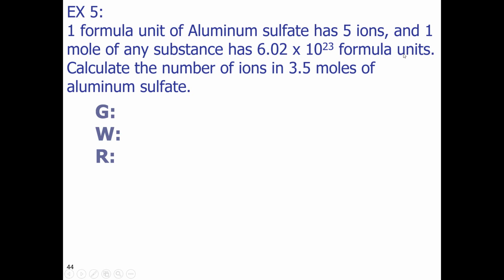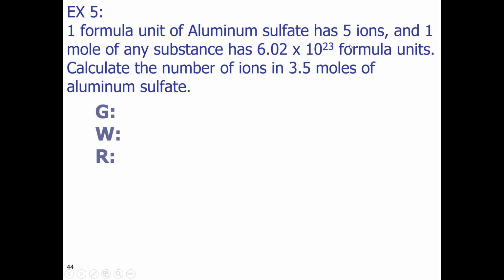That also sounds like a ratio. 1 mole has 6.02 times 10 to the 23 formula units. I'm going to put that one in my back pocket. Just through reading comprehension skills, I can pick out ratios from a problem even if I have no idea what a formula unit or an ion is.